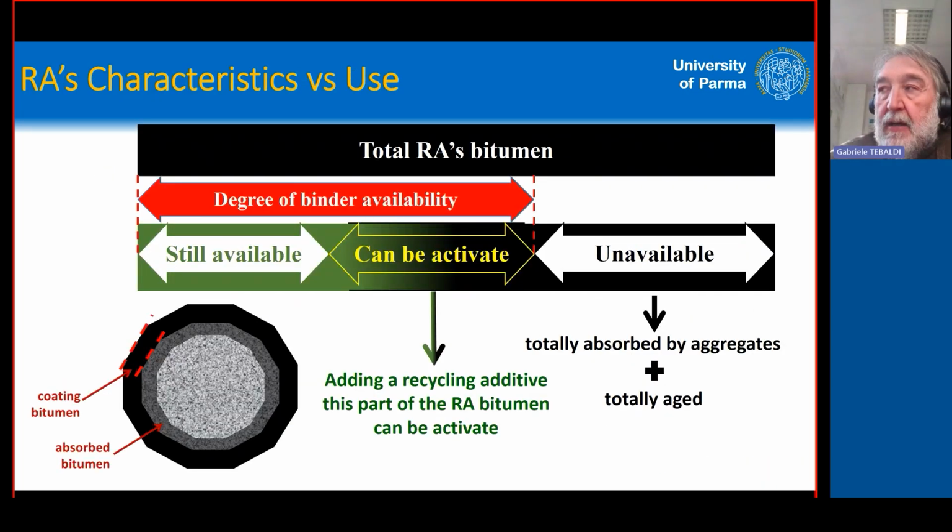If we move toward the idea of using as much as possible of the available binder, we have to keep in mind that the bitumen in the RAP can be organized in these categories. So we have the absorbed bitumen that doesn't go anywhere, and the fully aged bitumen that we can call unavailable bitumen.